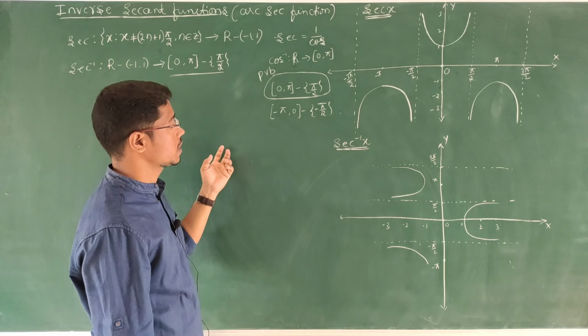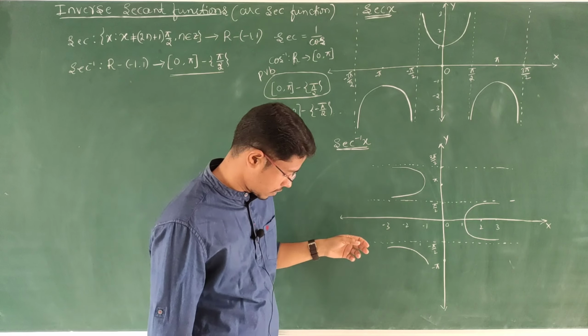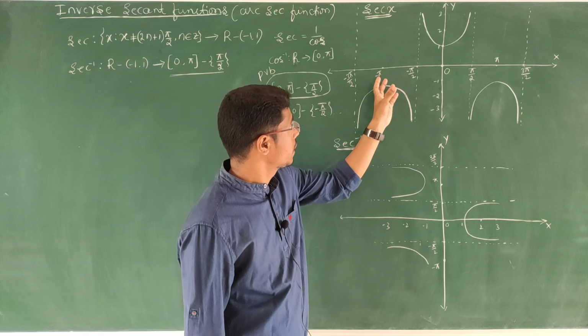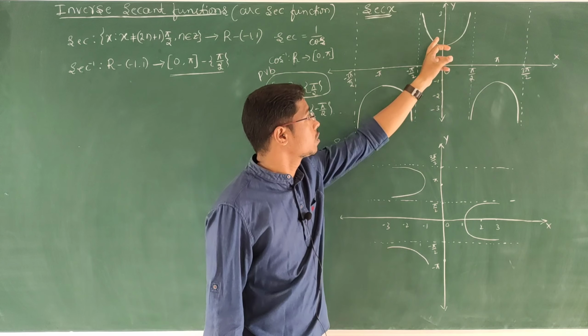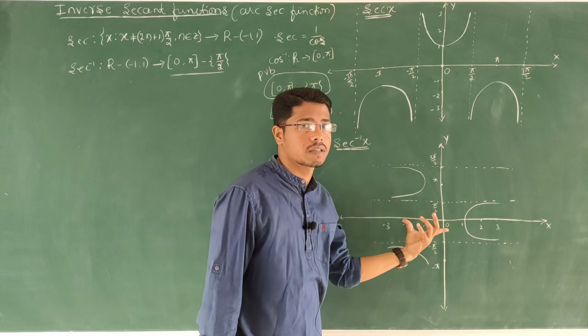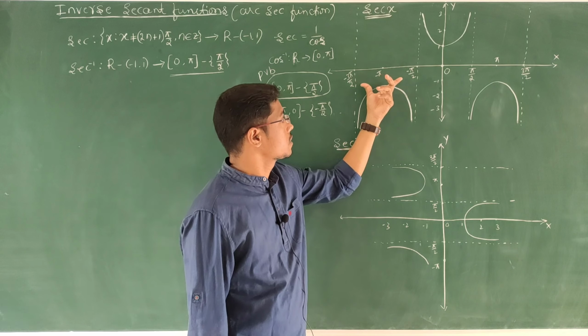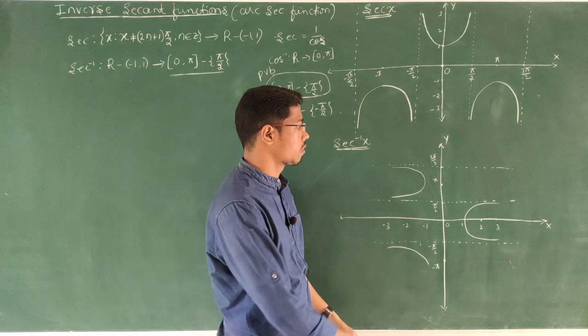Okay, so see the sec inverse graph. The sec inverse graph is obtained by just interchanging the x and y axis values. See, 1, 2, 3 are on the y axis; I wrote them here on the x axis and interchanged these values on the y axis. Now draw the graph.